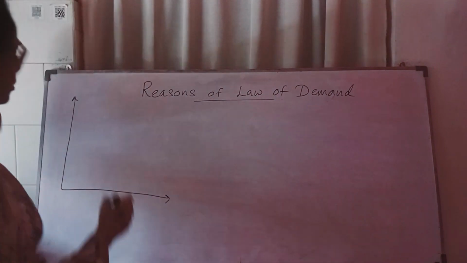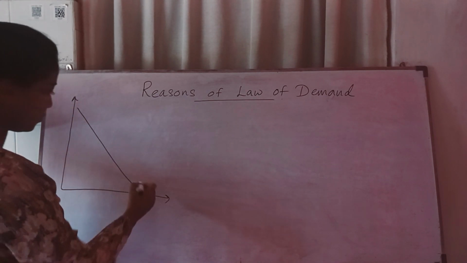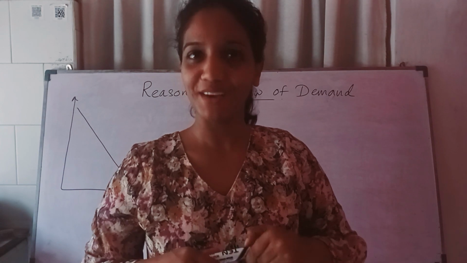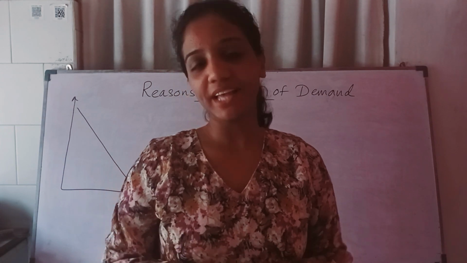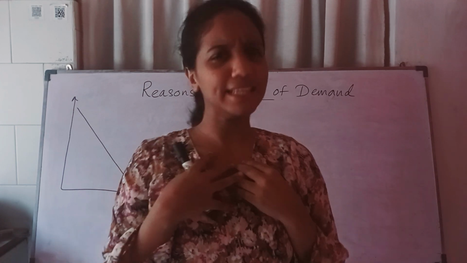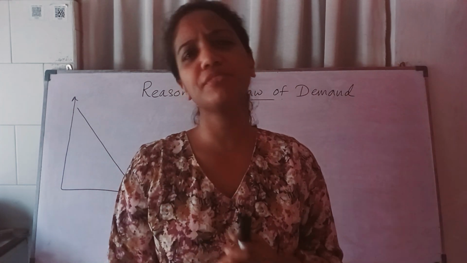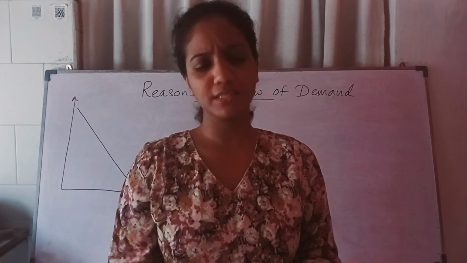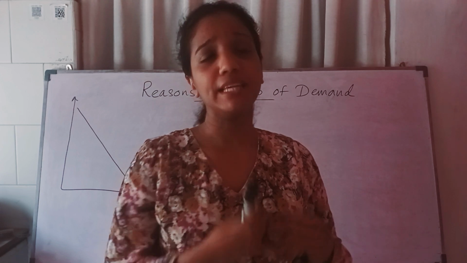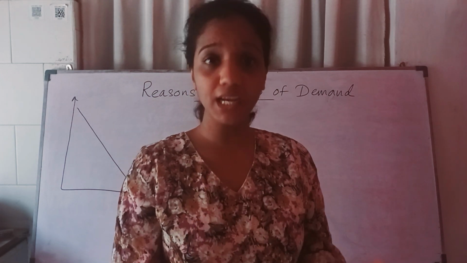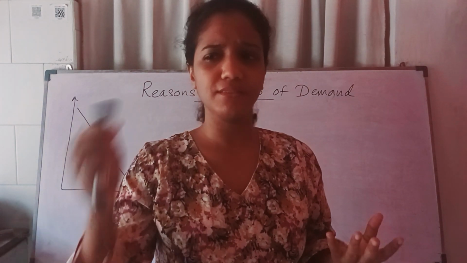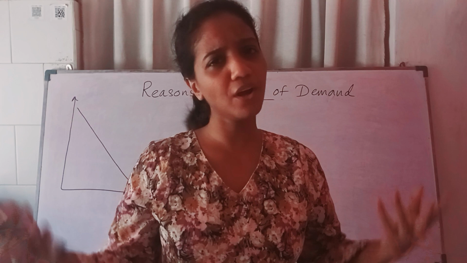For a normal good, everyone knows what normal goods are. If there's a positive relationship between our income and the demand for that good, such goods are normal goods, right? What does it mean? When our nominal income, our salary, increases, and we increase the demand for a particular good, such goods are normal goods.